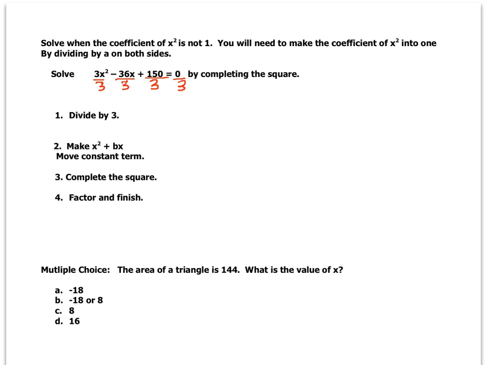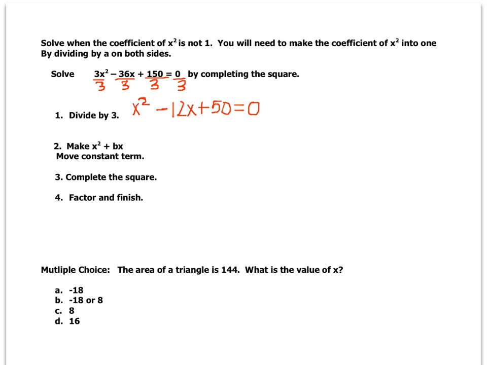Since I'm doing it to everything on both sides, it's perfectly fine to simplify that way. So this one first would give me x squared minus 36 divided by 3 is 12x plus 150 divided by 3 is 50 equals 0 divided by 3 is still 0.